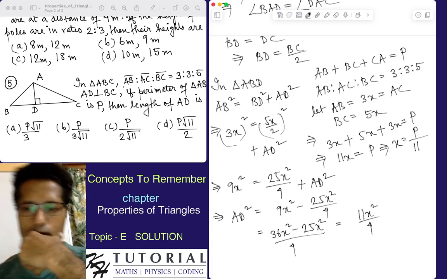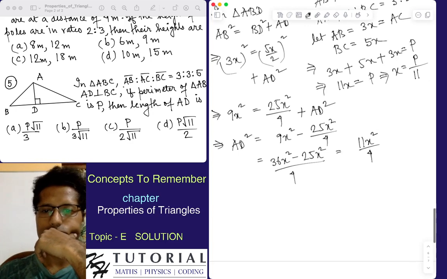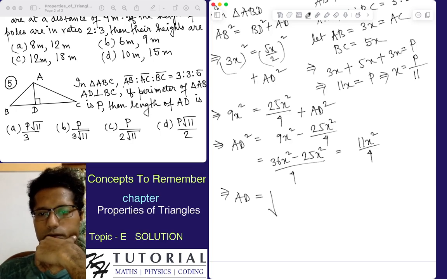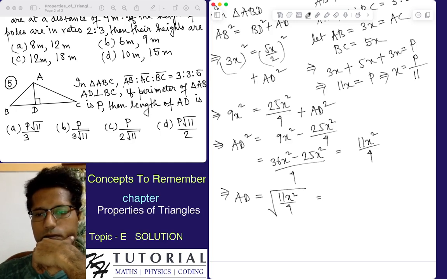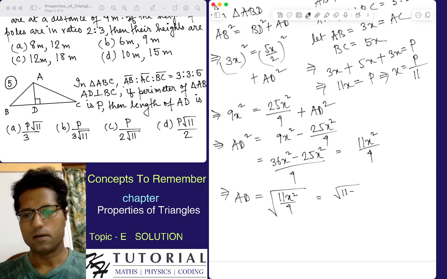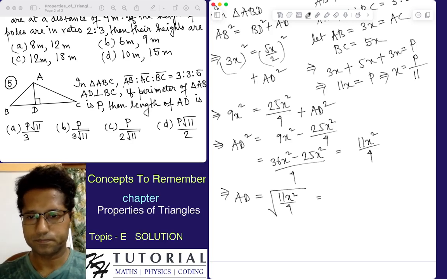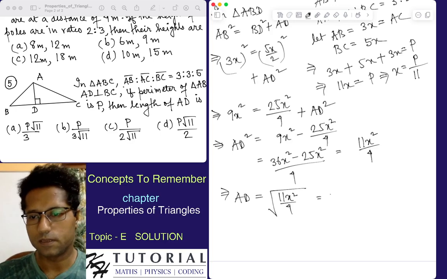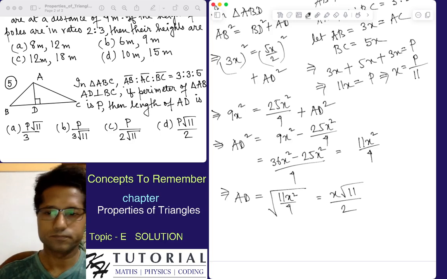Okay. Now this implies AD is equal to root over 11x square by 4, which is x into root 11 by 2.